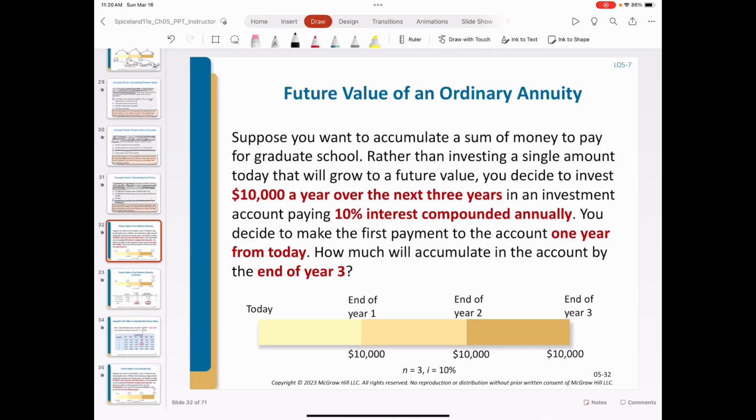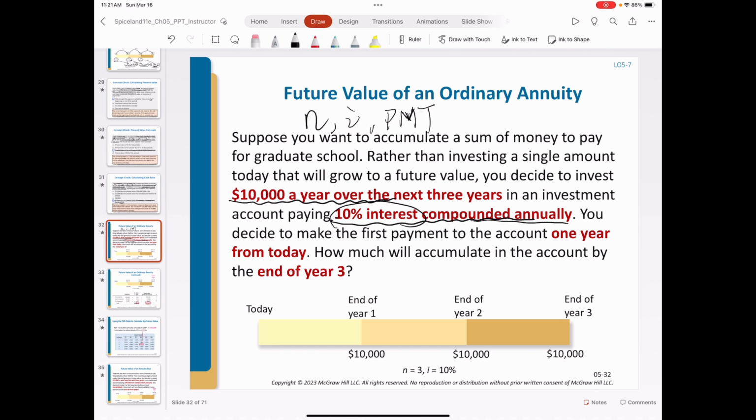To calculate the future value of an ordinary annuity, we need information: number of periods, interest per period, and amount of payment. $10,000 a year over the next 3 years, so that indicates 3 years of payments, each year $10,000. 10% is the annual interest rate, compounded annually.